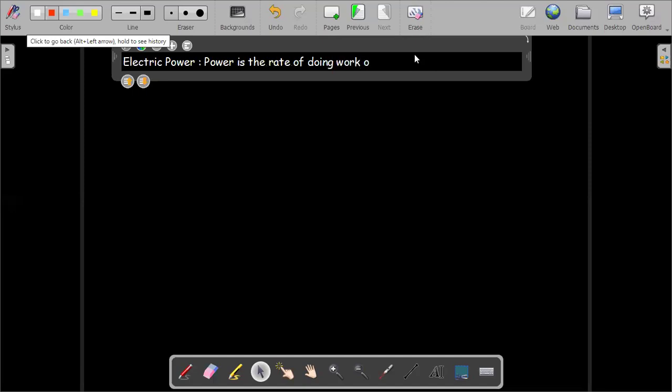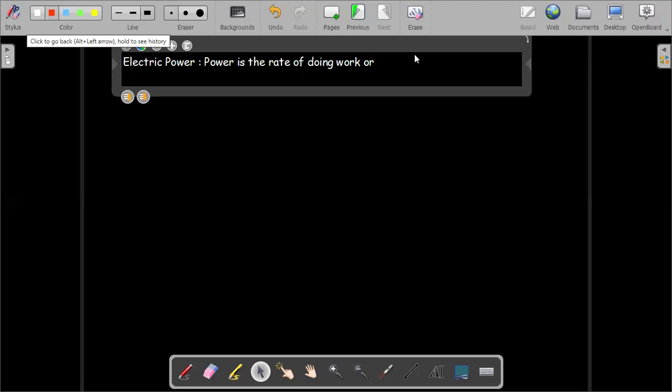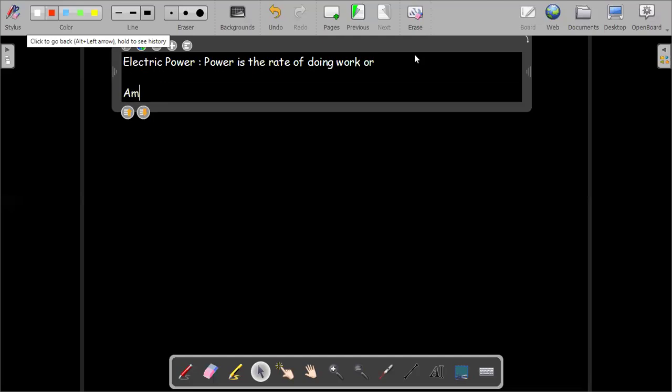Or in terms of electrical power, we can specify it as the amount of electrical energy consumed per unit time, which is called power.